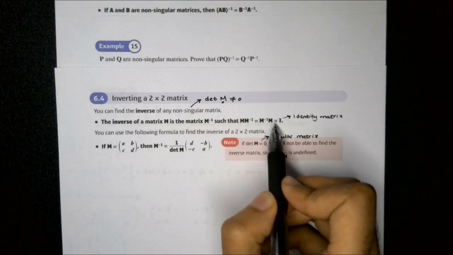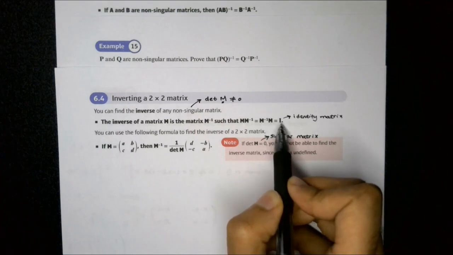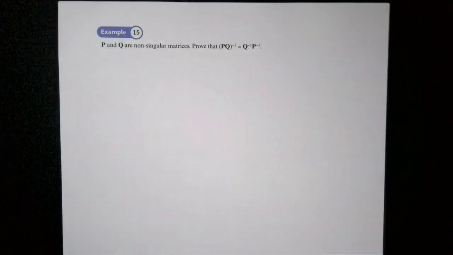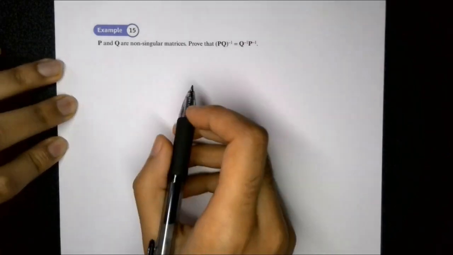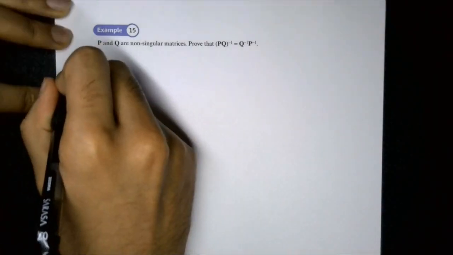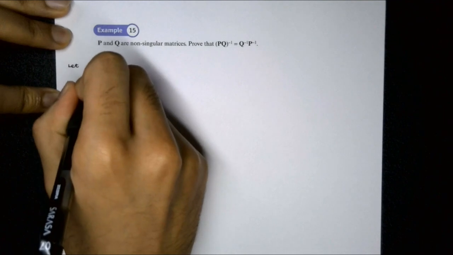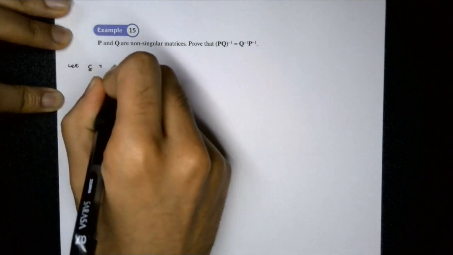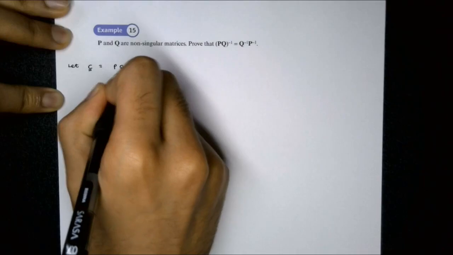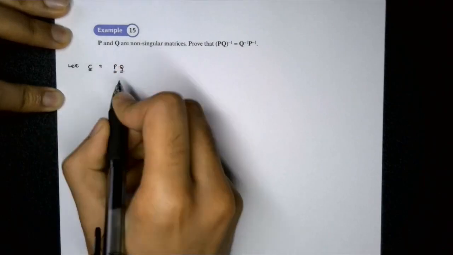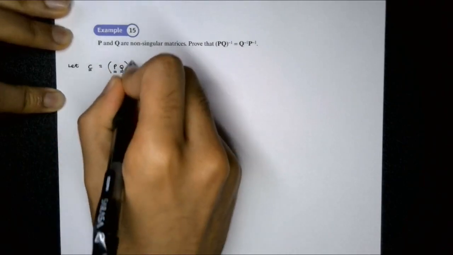It's pretty much the same as multiplying by 1. Now to do this, we will make a substitution. We will let the matrix C equal P times by Q inversed.